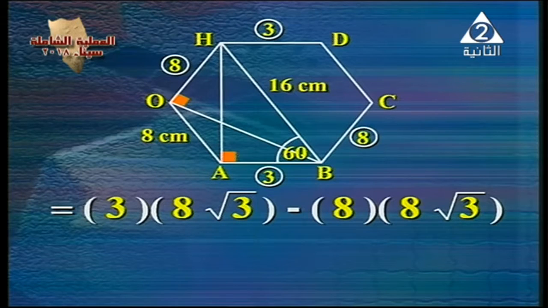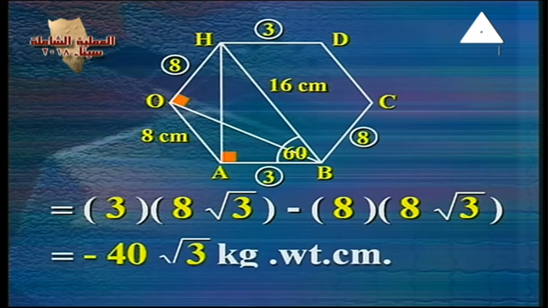What is M1? 3 times 8 root 3, the force times the distance. The force is 3. The distance between the two forces, 8 root 3, is AH. The second couple, 8 times 6 root 3. What is the 8? The force. What is the 6 root 3? BO, or the length between the two forces. Answer is negative 40 root 3 kilogram weight dot centimeter.